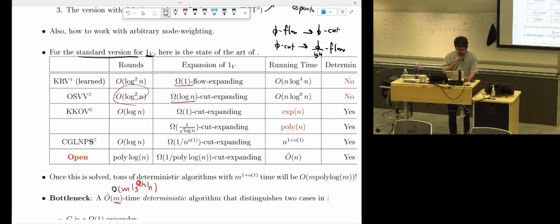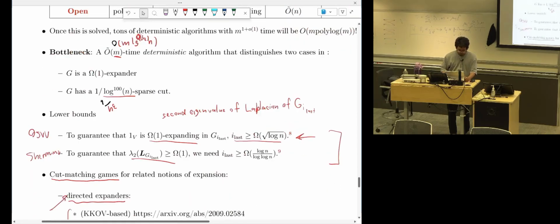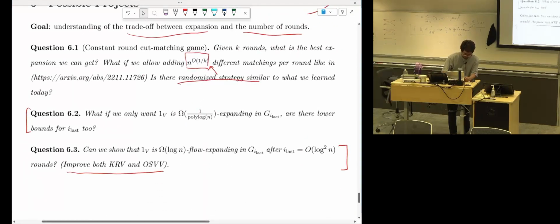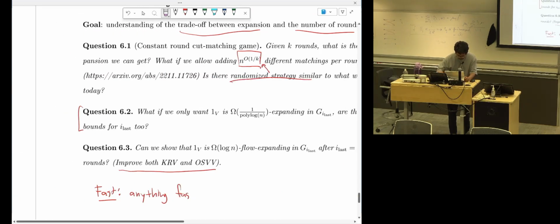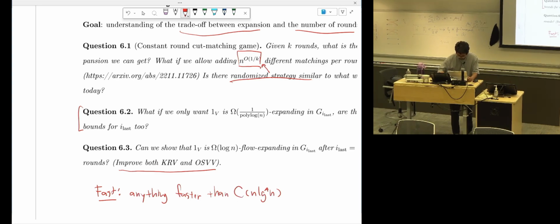And the last question is, anything faster? Faster than the running time of what we learned. This is the fastest cut matching game.